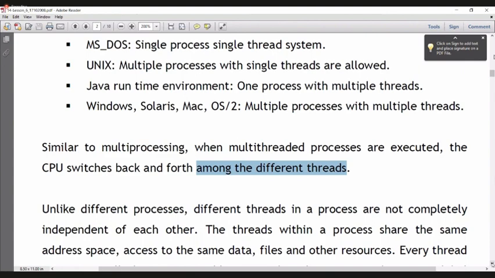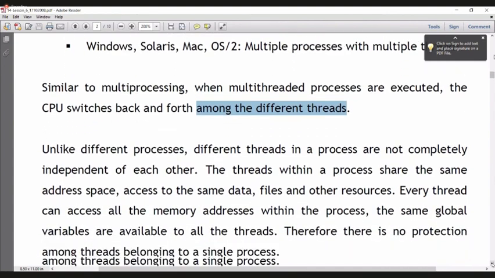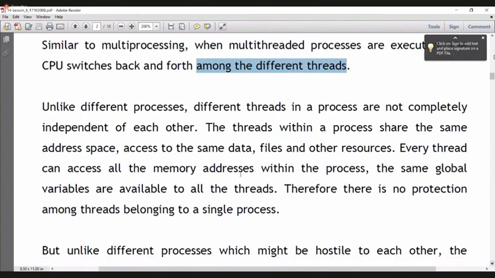I think you can imagine this kind of situation. So, unlike different processes, different threads in a process are not completely independent of each other.